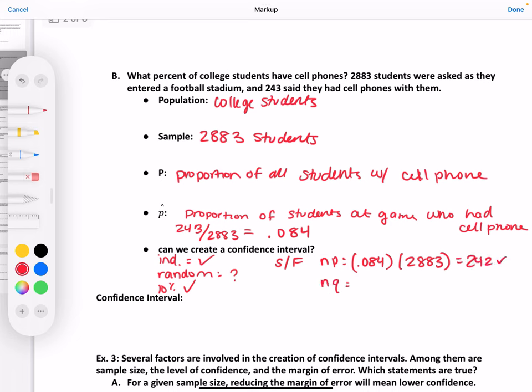nq would be 1 minus 0.084 times 2,883, which is 2,640.